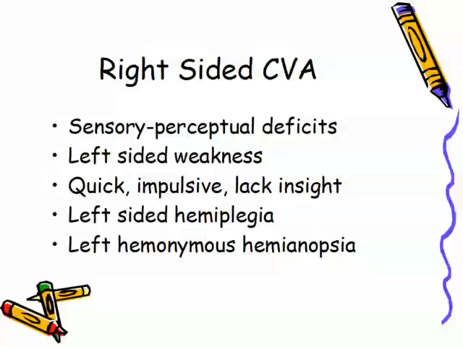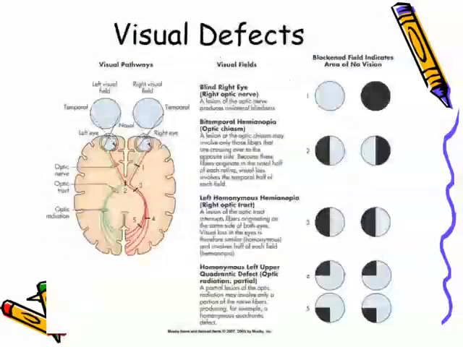They may have left hemianopathy. Let me try that again. Left homonymous hemianopsia. So this is a slide that talks about what that is. If you look at the third reading in the middle where it talks about left HH, it's showing where there's a lesion of the optic tract that interrupts the fibers originating on the same side of both eyes.